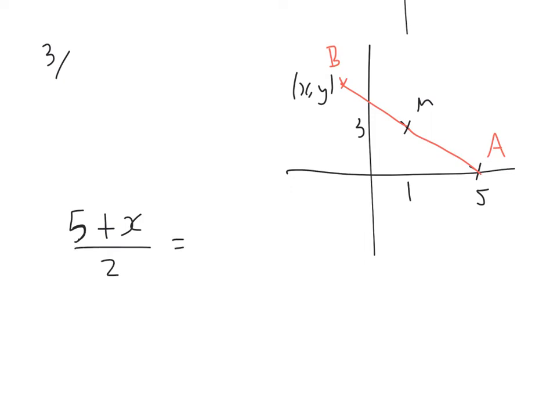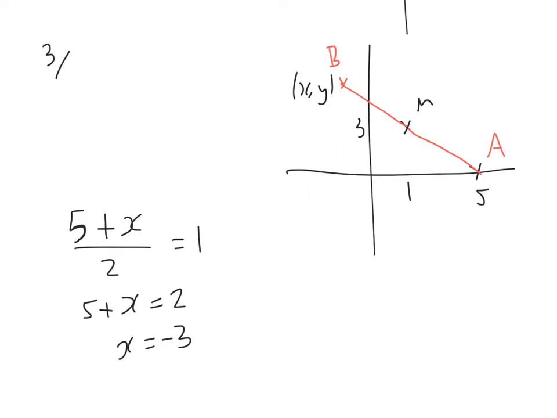And when we divide that by 2, we get 1 as the midpoint for the x value. So before dividing by 2, if we multiply both sides by 2, we would get 5 plus x is 2. And if you take 5 from both sides, you would get x is -3, which makes sense with the diagram. We have this point in the negative quadrant. So the x value is -3.